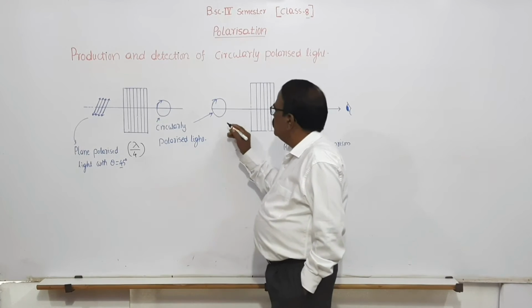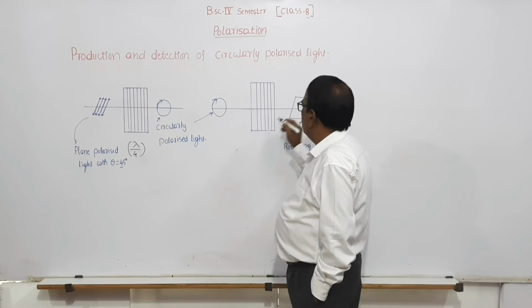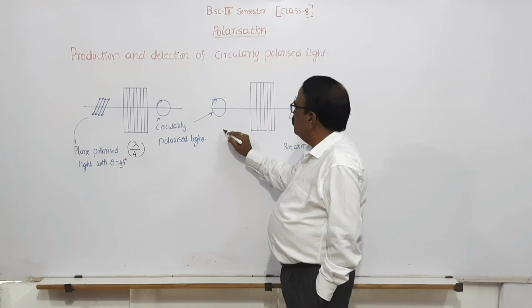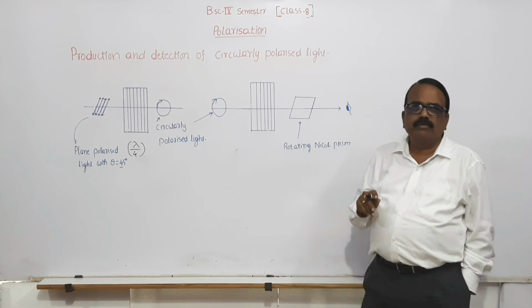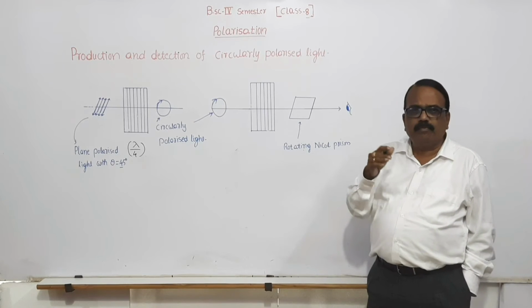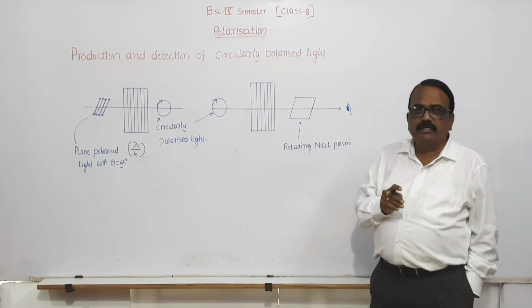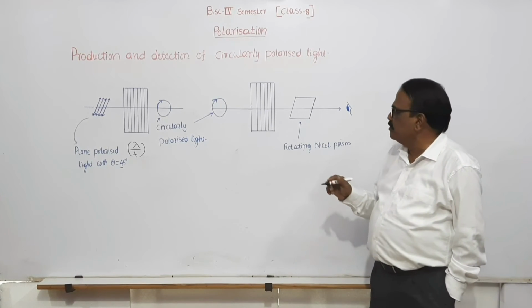Then this circularly polarized light is observed through the Nicol prism. Nicol prism is a device which can produce and detect plane polarized light.